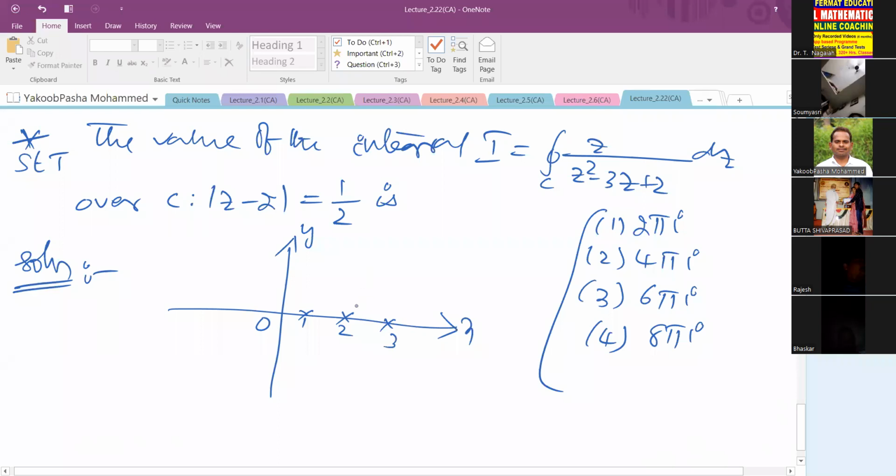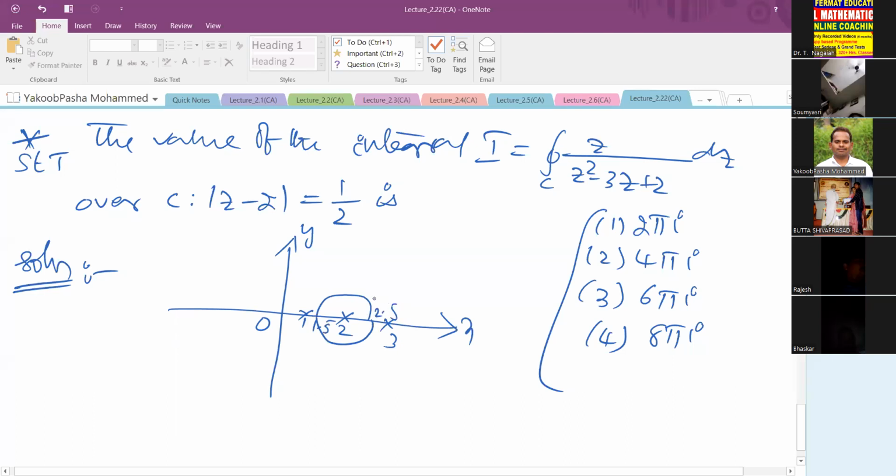Radius is 1 by 2, which means 0.5. So the circle spans from 1.5 to 2.5.